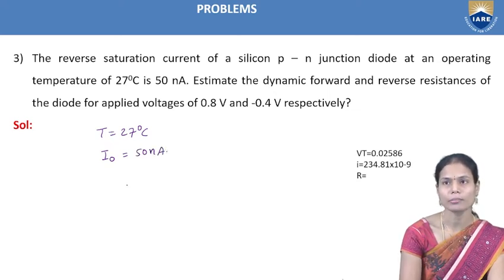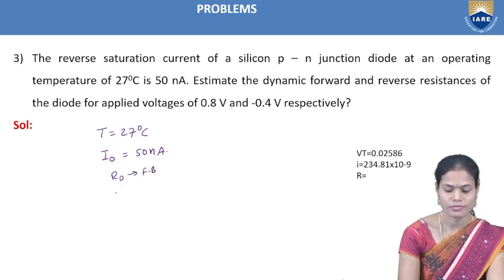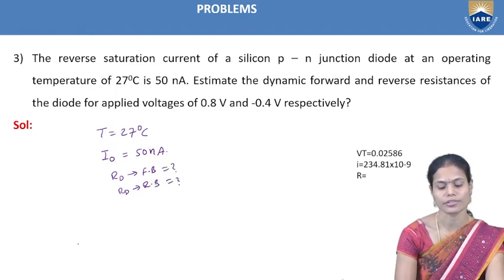Estimate the dynamic forward and reverse resistances of the diode. That is, how much is RD, the resistance in the forward bias condition, as well as RD, the resistance in the reverse bias condition.